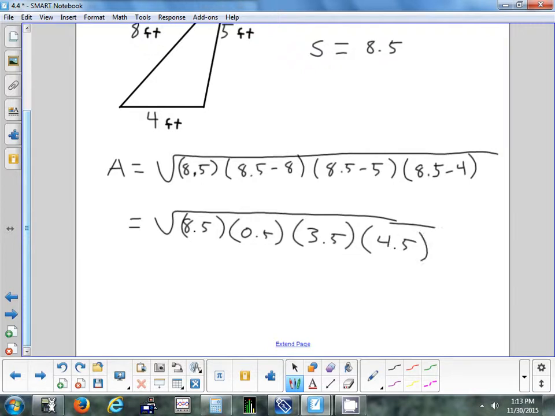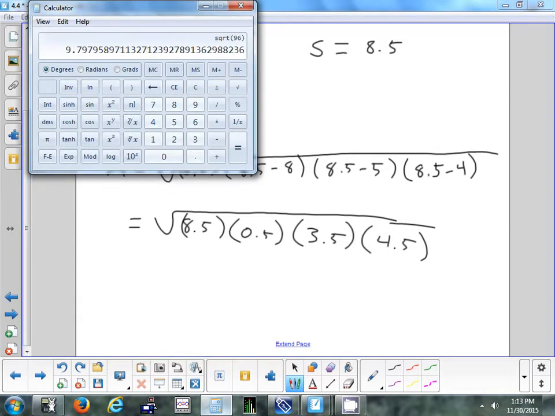Now I think it's a good time to use our calculator. I've got 8.5 times 0.5 times 3.5 times 4.5. I got 66.9375. That's not the same area as the last problem. Just square root. I still have to square root it, yeah.